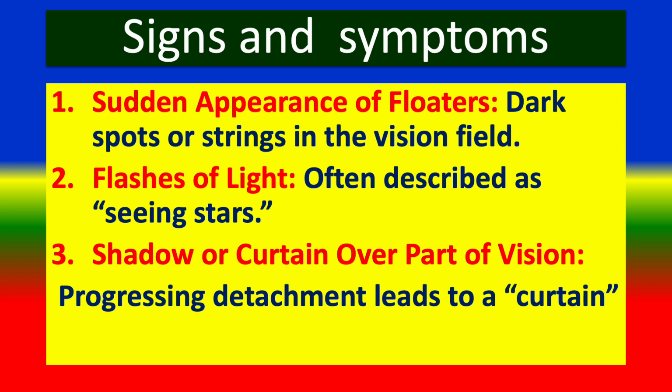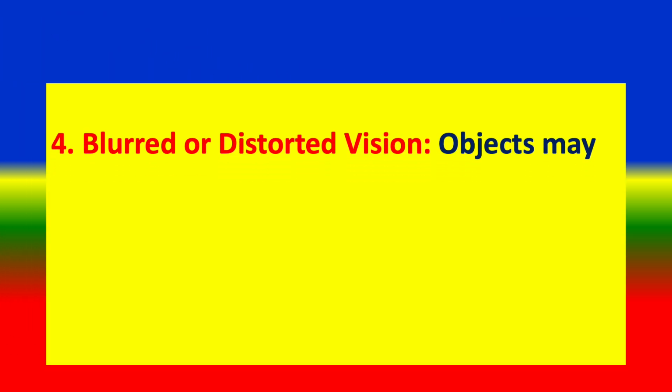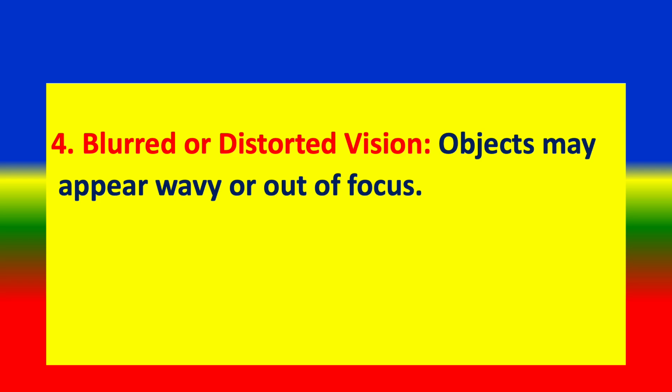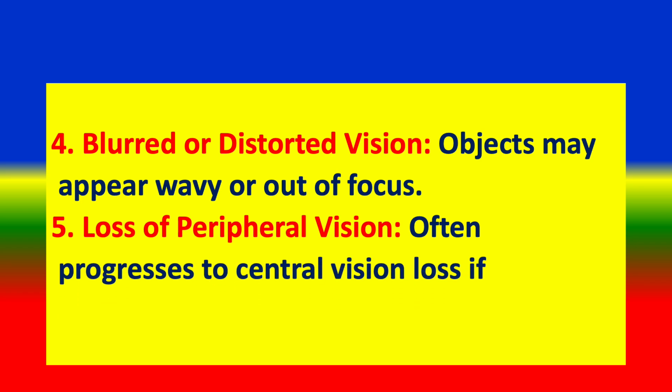Progressing detachment leads to a curtain or shadow effect in peripheral vision. 4. Blurred or distorted vision. Objects may appear out of focus. 5. Loss of peripheral vision, which often progresses to central vision loss if untreated.